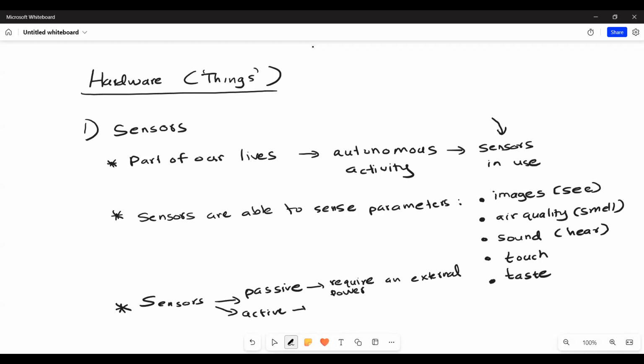The passive sensors require an external power supply to function, and the active sensors do not require an external power supply to function, right?